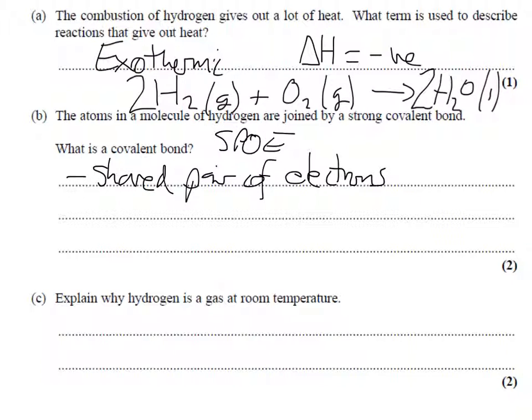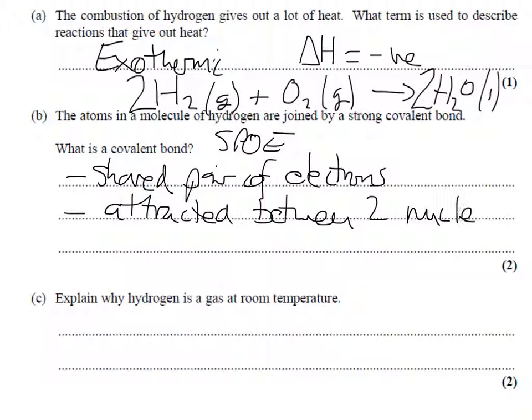And that will get you 1 mark, and that pair of electrons are attracted between 2 nuclei. Okay, so here's 1 hydrogen atom, here's the pair of electrons, and here's the other hydrogen atom. And the 2 nuclei there attract that pair of electrons.